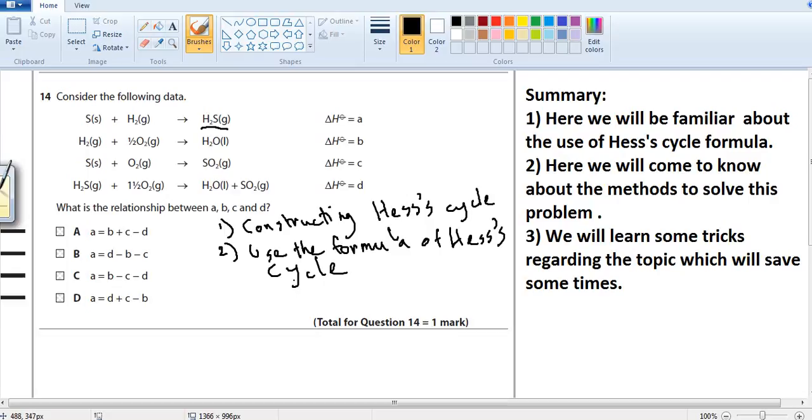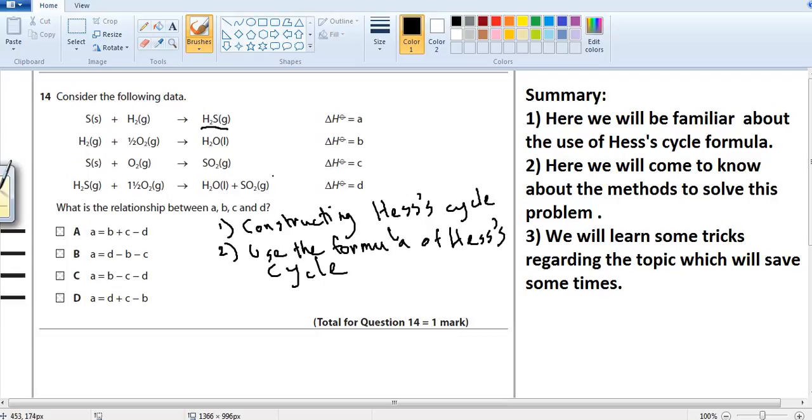Which one will you choose? You all would say that you will do the problem by using the first one.